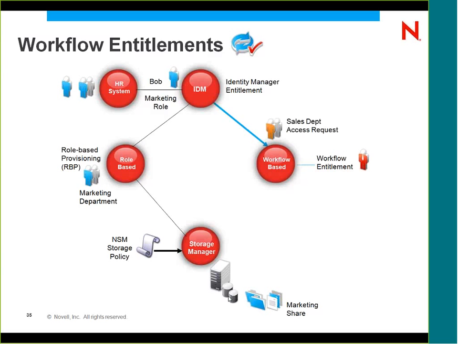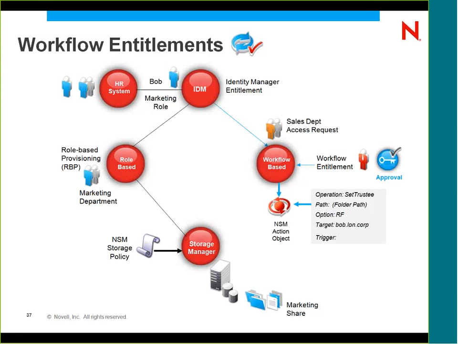So he can, through IDM, make a request, and through workflow entitlement in the user app, that manager would go in and say, I'm approving Bob to have access to this one folder for accessing this customer list. He'll fill out the information in the form.